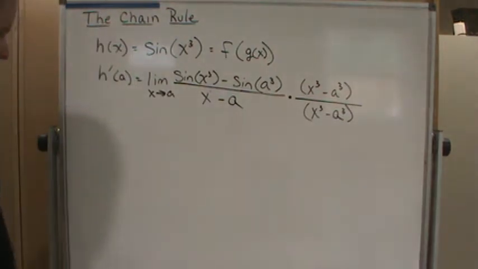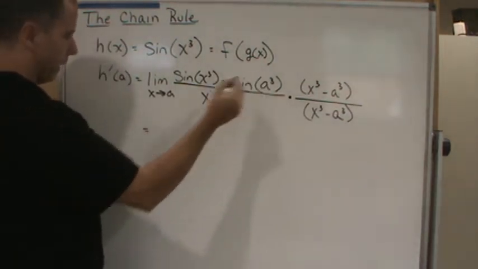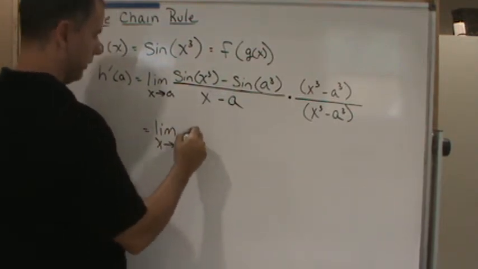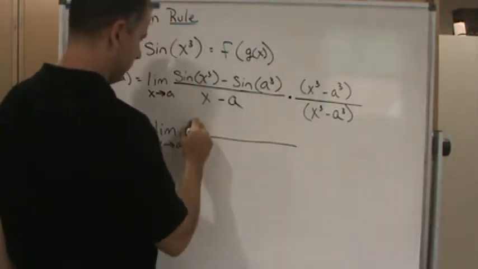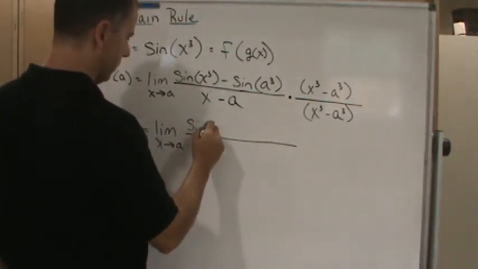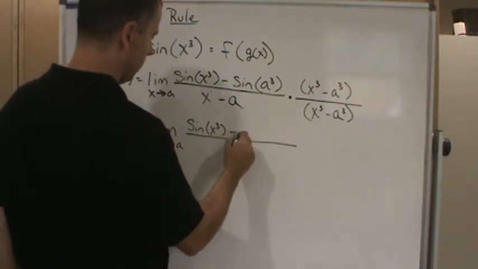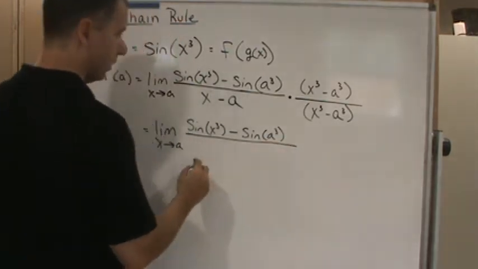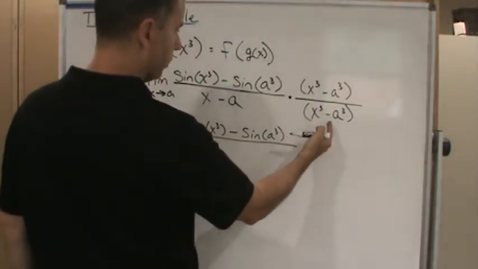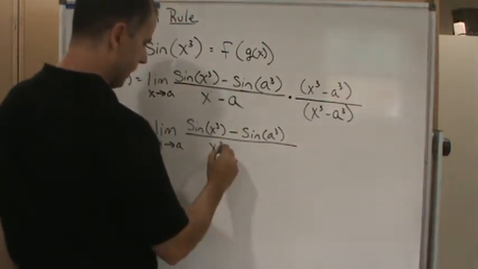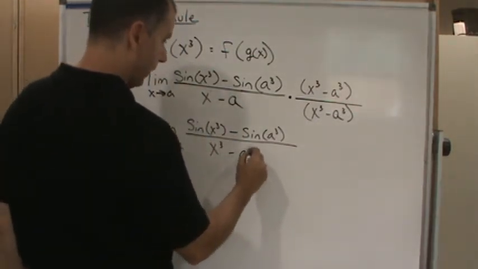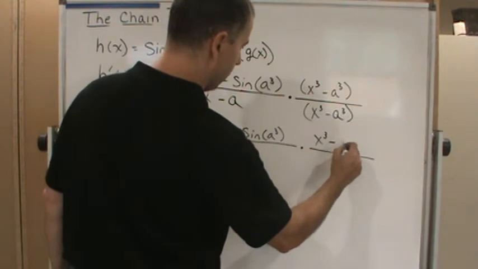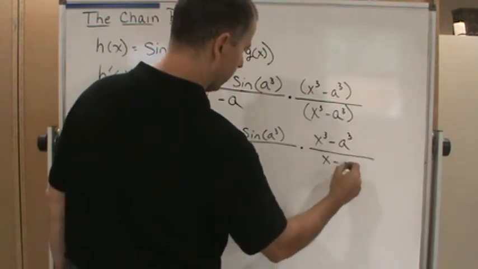Then we rearrange things, so we have sine of x cubed minus sine of a cubed over x cubed minus a cubed, times x cubed minus a cubed over x minus a.